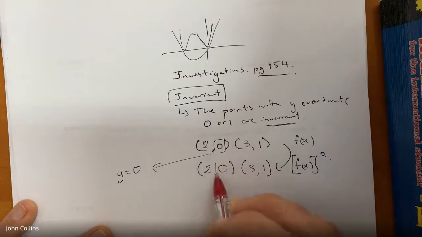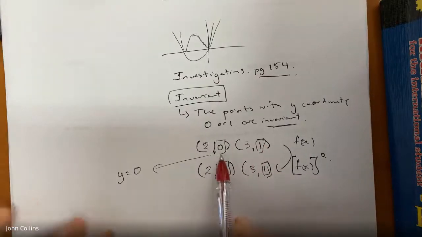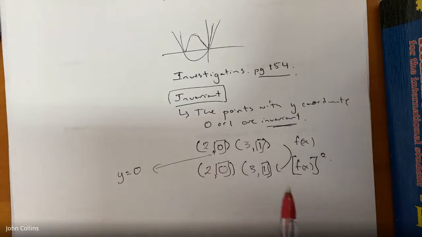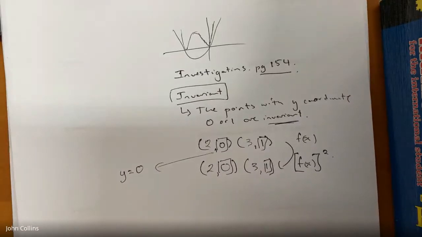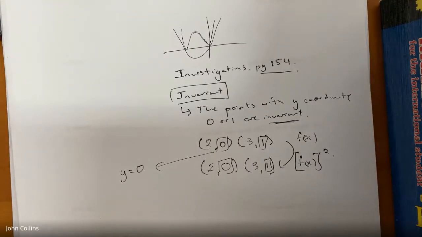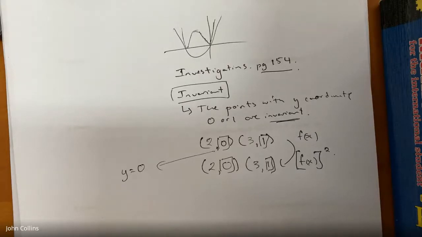This is the key point: 0 and 0, 1 and 1. Your answer is squared, so it's still going to be the same answer. The output or range of the function for just these 2 points is invariant. Otherwise, it's going to change when squared, and you can see why. It's just the property of 0 and 1. So that's the only thing that might be a little bit of an issue in this section.